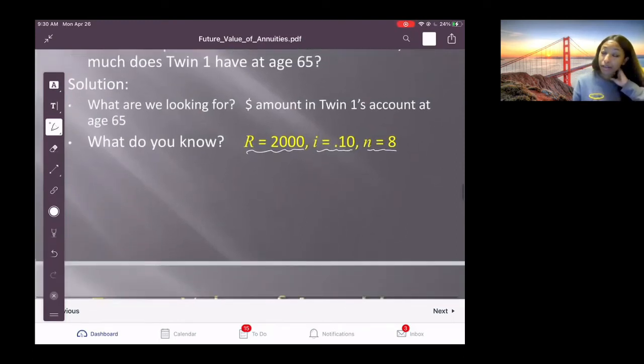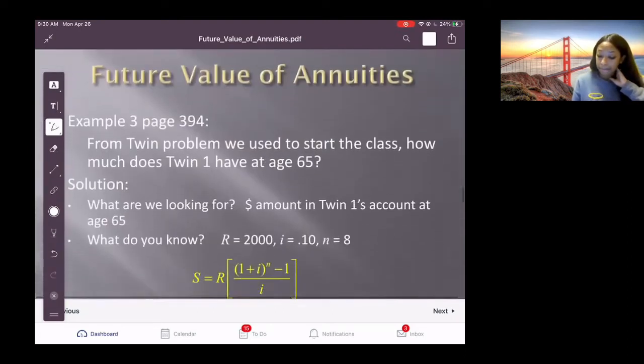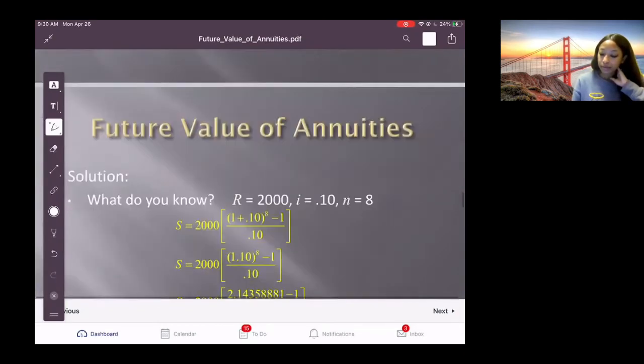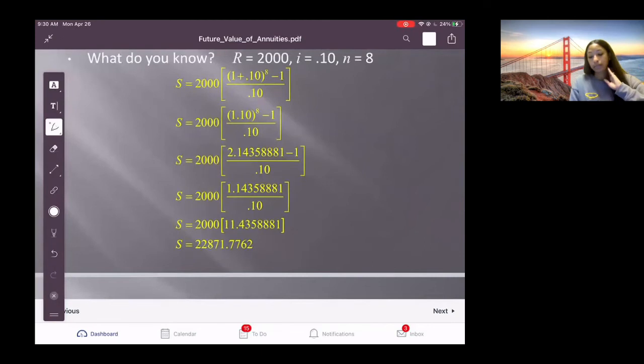So if we calculate what this annuity grows to at the end of the 8 years, we have to use our future value of an annuity formula. And this gives us 2,000 times 1 plus 0.10 to the 8th power minus 1 divided by 0.10. Simplifying this gets us all the way down to $22,871.78.